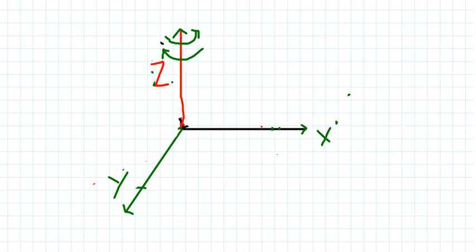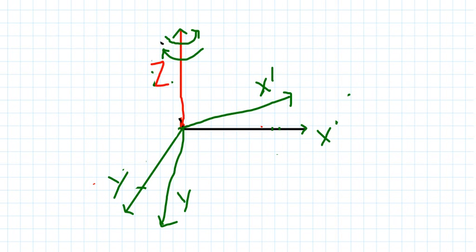If we have done anti-clockwise rotation, you will get your x-axis somewhere here and the y-axis will be displaced to somewhere here. So when you apply z-axis rotation to the objects residing in this 3D space, there will be no change in z coordinate values, but x and y coordinate values will be changed.